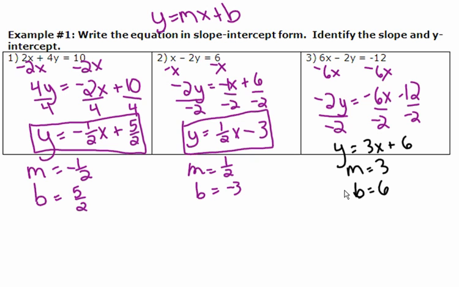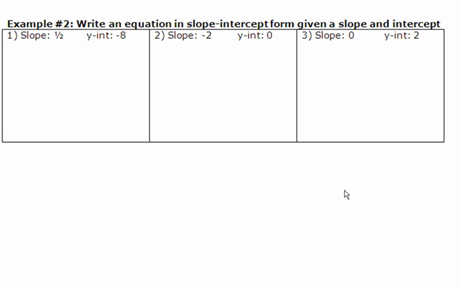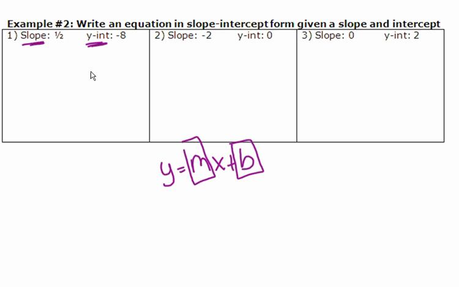So let's look at the next example. This one says write an equation in slope-intercept form given a slope and an intercept. So we know that slope-intercept form, like I said before, is y equals mx plus b. If I am given a slope and I'm given a y-intercept, I can write this in slope-intercept form by replacing the m and the b with my values.